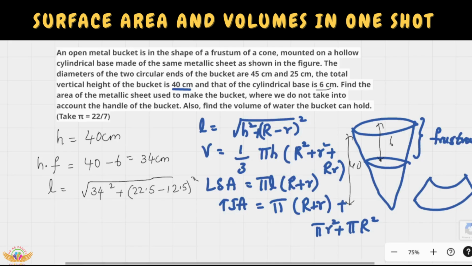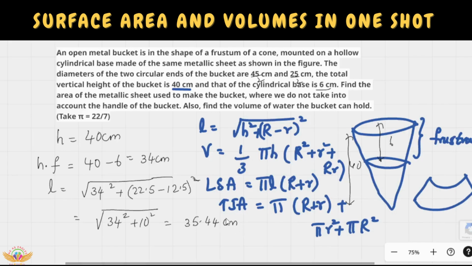They gave the diameter, so I divided by 2: 45 by 2, 25 by 2, and we got these as the radii. After solving this, 34 squared plus 10 squared, we got 35.44 centimeters as the slant height.